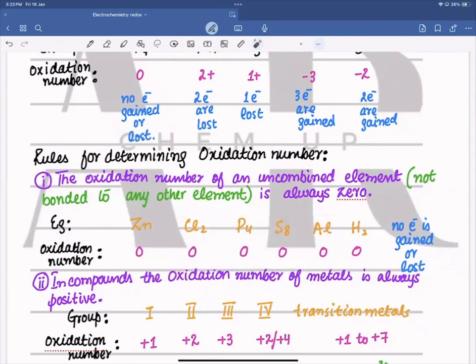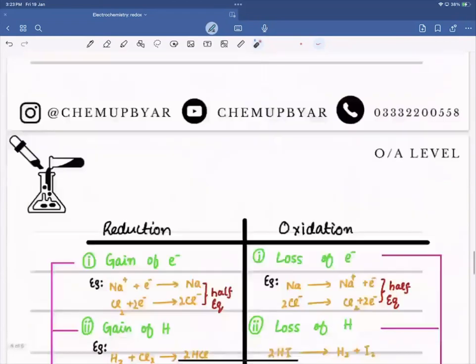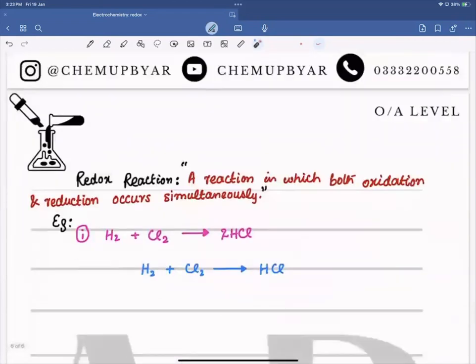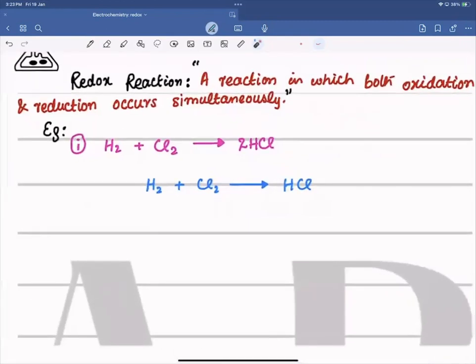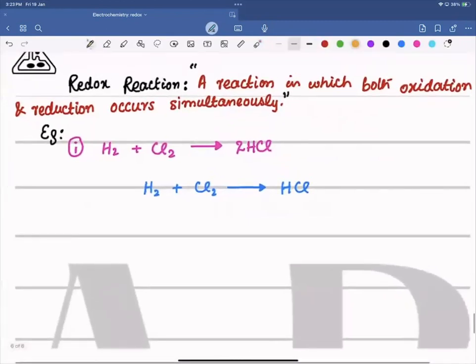So you guys have to keep this every time in your minds, that if there is an element, then its oxidation number is 0. And when that element becomes part of a compound, then it may have any other oxidation number. So the oxidation number of hydrogen is 0 over here. What will be the oxidation number of chlorine?